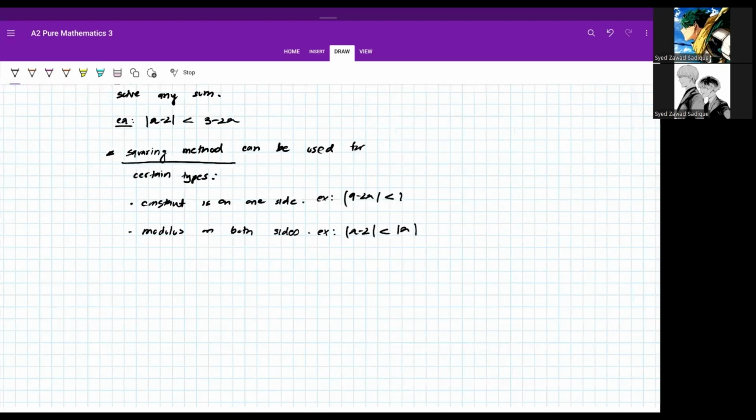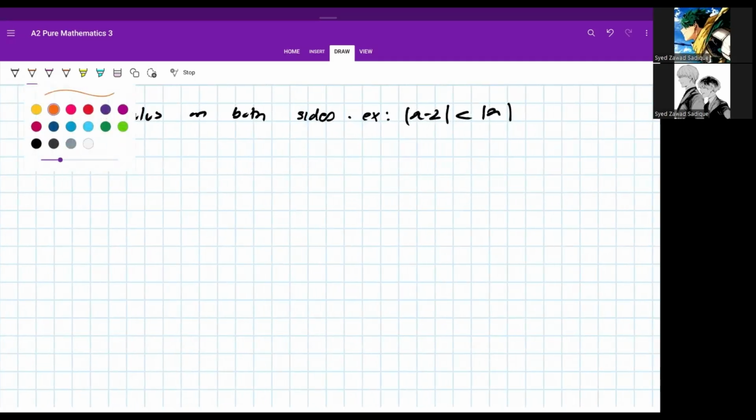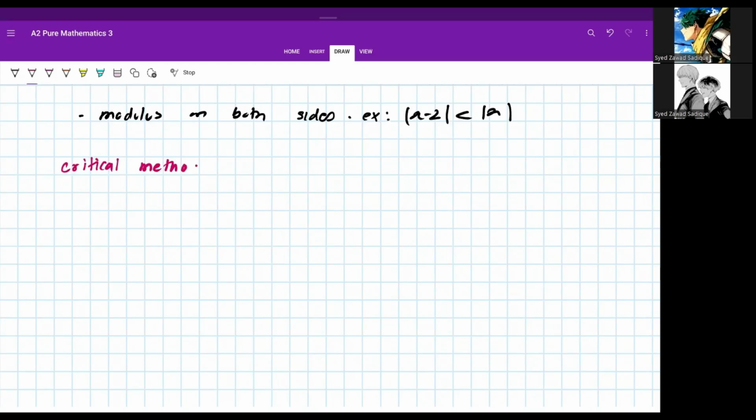Now, a third method that I like to use is called the critical method. This is used in place of the graphical method.